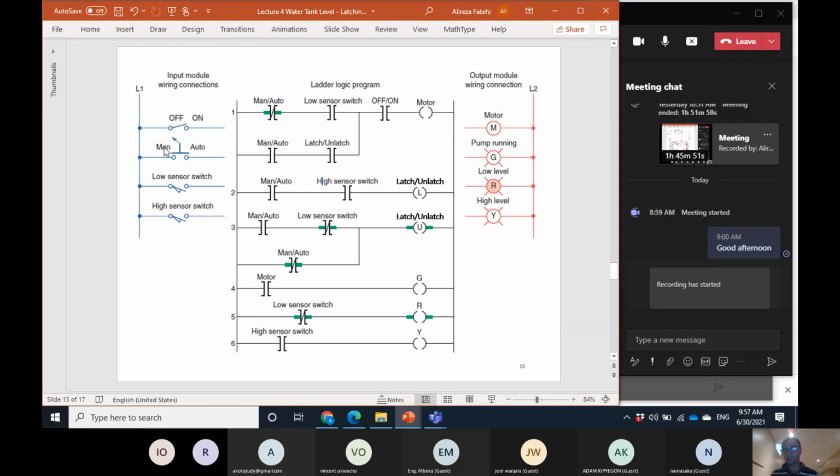This pointer shows that it is in manual. If you switch that to auto, this closes. So by looking at this, we know what the logical state of this input would be.